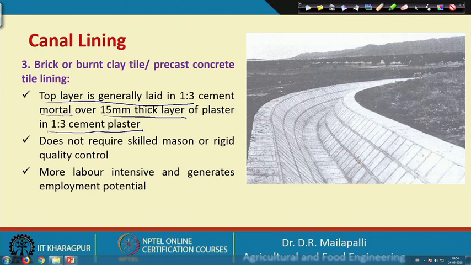So, first mortar is placed in between the bricks, and then the 1:3 cement plaster is pasted on top of this cement mortar. And it does not require skilled masons or rigid quality control, and it is more labor intensive because it involves bricks. Someone has to carry bricks to the place, and that is why it is labor intensive. Of course, that generates employment.